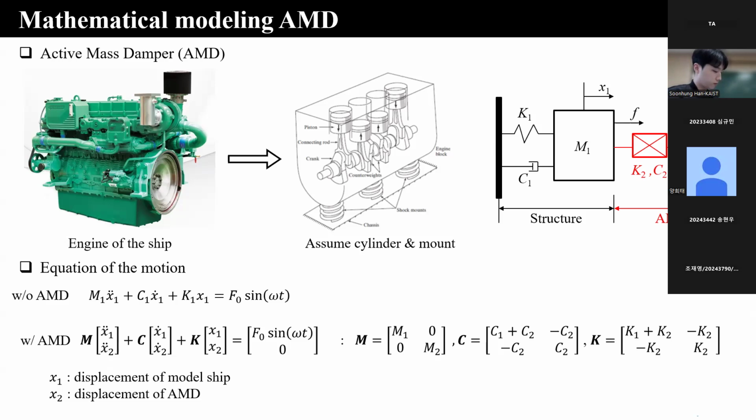Then you chose, in the title, the cruise ship. So it is very specific, right? But you did not say anything about cruise-ship-specific things in this presentation. So next time you need to show us why cruise ship, why AMD, and how they fit together.